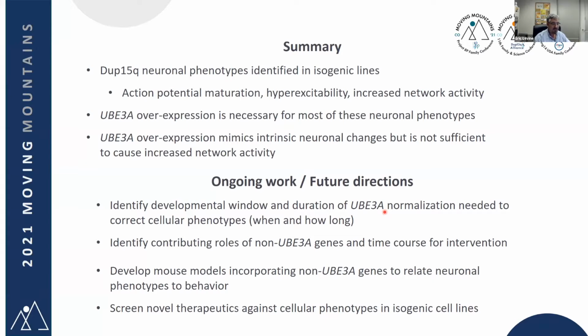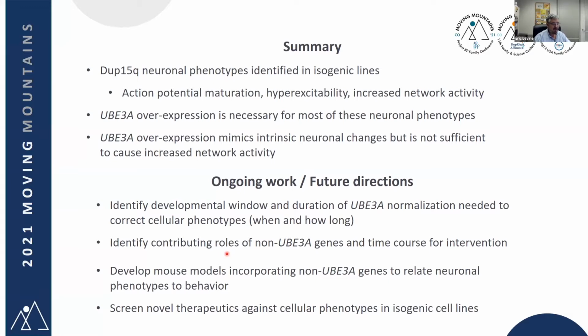As I mentioned, in Angelman models, it's been shown that really early correction of UBE3A is critical. In these Dup neurons, we don't know. So we want to really determine: can we treat late, correct UBE3A and still cause a correction of phenotype, or does it really also need to be very early? And that plays into our other goal of identifying the contributing roles of non-UBE3A genes and their time course for intervention.